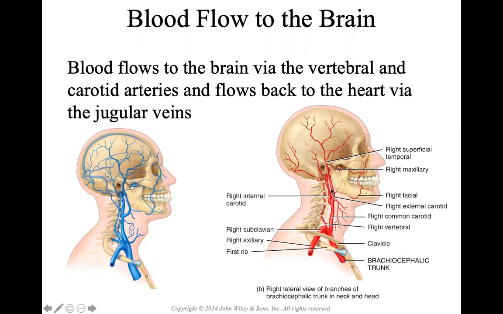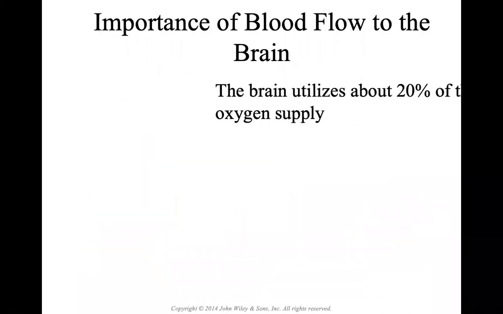If the carotid is blocked or clogged, we could still get blood through the vertebral. So the blood supply, when it gets into the brain, is called the circle of Willis, because it actually does make a complete circle in the center of the brain, and it has many, many branches coming off of it.